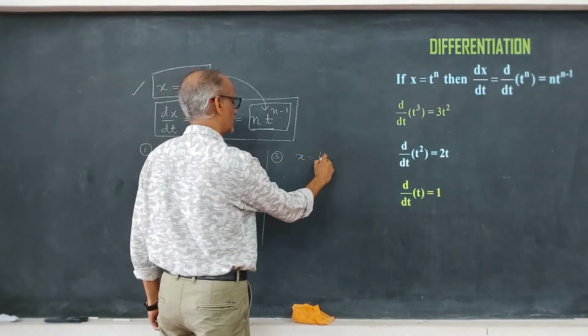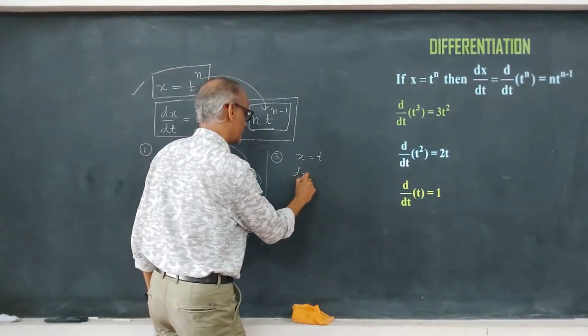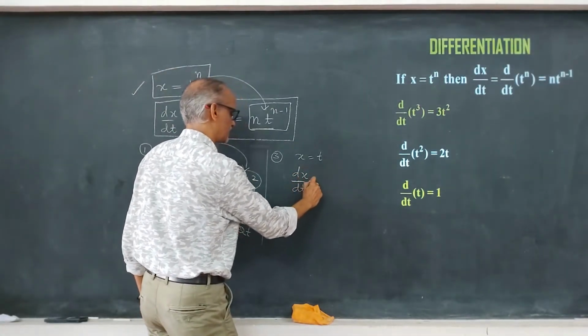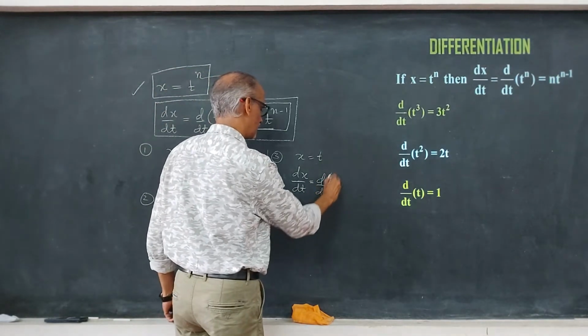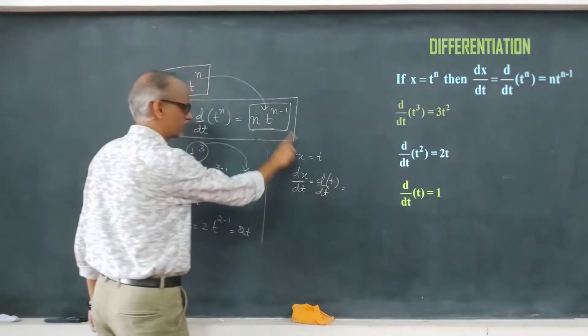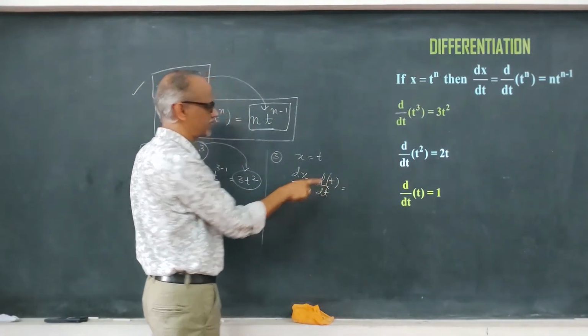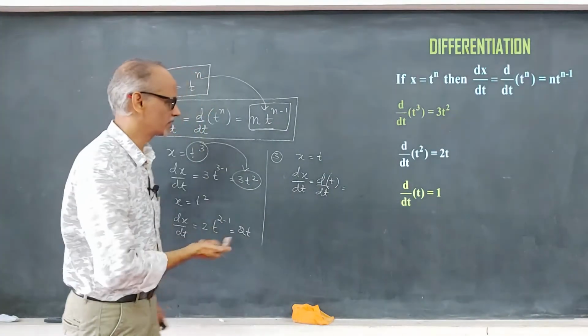When x is equal to t, what is dx by dt? d by dt of this x is nothing but t. See, we can use the formula or we can even write directly. What is dt by dt? Tell me. So dt by dt is nothing but 1, correct? So that's how you get the answer.